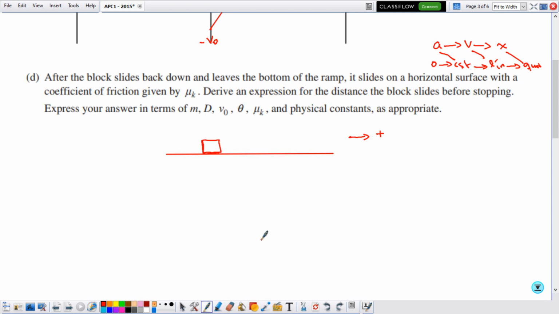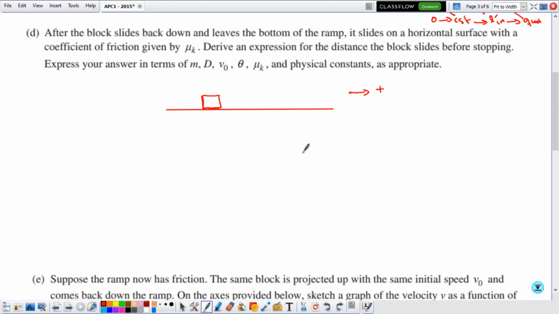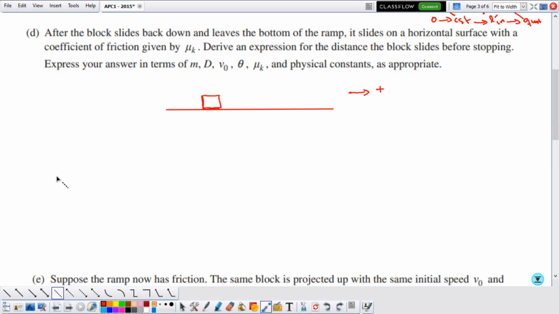So we need to determine the distance. This can be done using kinematic equations. But remember that in the kinematic equations, because we have friction in this case, it involves acceleration. The acceleration can be determined using Newton's second law. Then let's utilize the forces that are acting on the block whenever it's moving to the right. So let me draw here a simple FBD. This is the horizontal and that's the vertical.